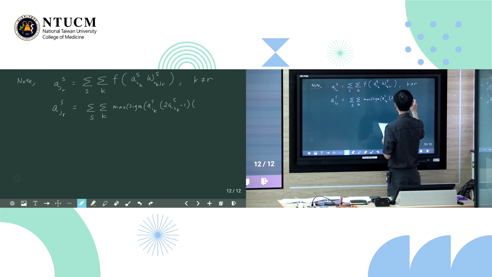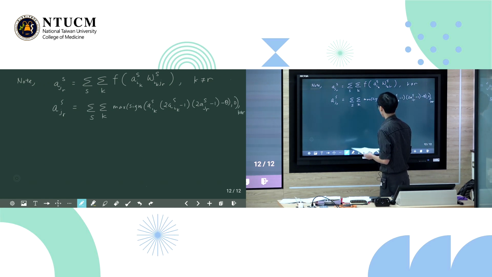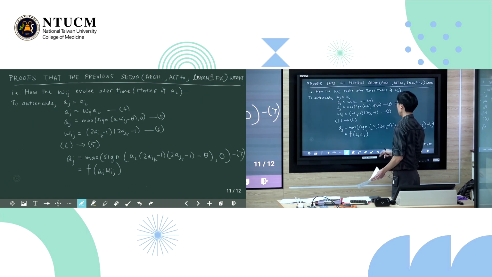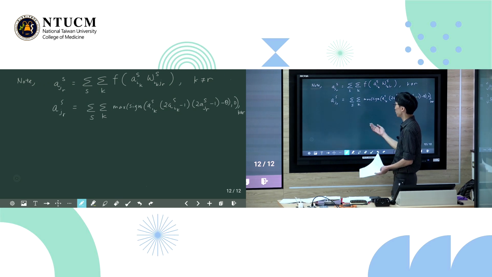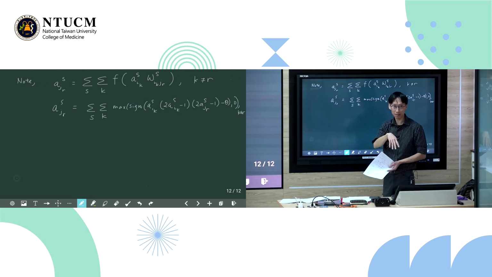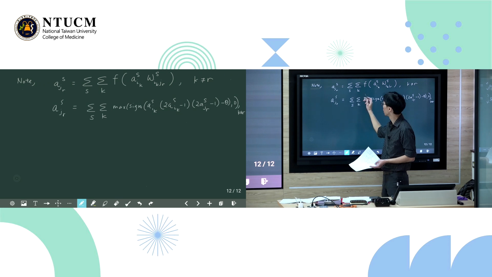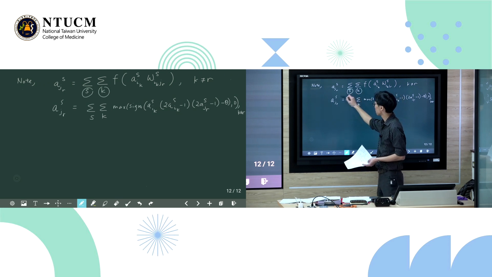And we introduce the case of the states. Previously we didn't talk about states, because previously we were just talking generically for a given node. But now we incorporate the notion that it's also across states. All right, so we don't just sum across nodes, we sum across states.